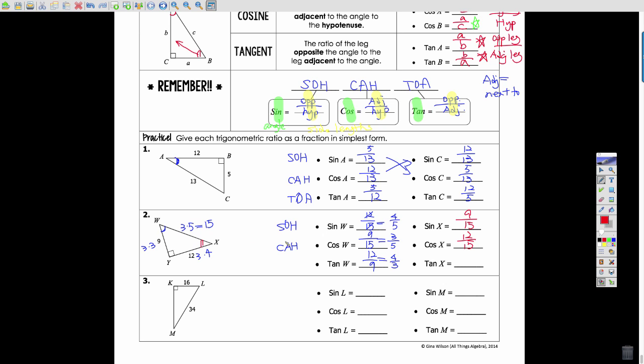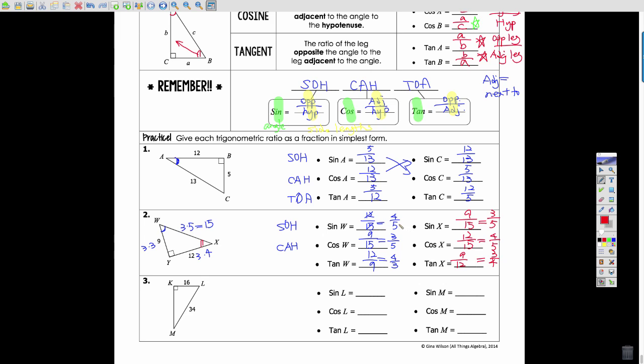And the tangent of x is opposite over adjacent. So if you simplify this, you would have 3/5, 4/5, and then this would be divided by 3, 3/4.